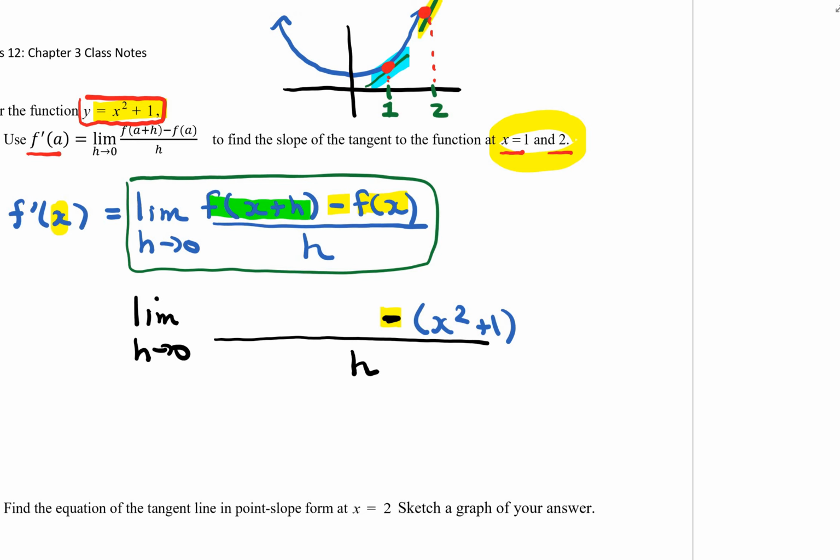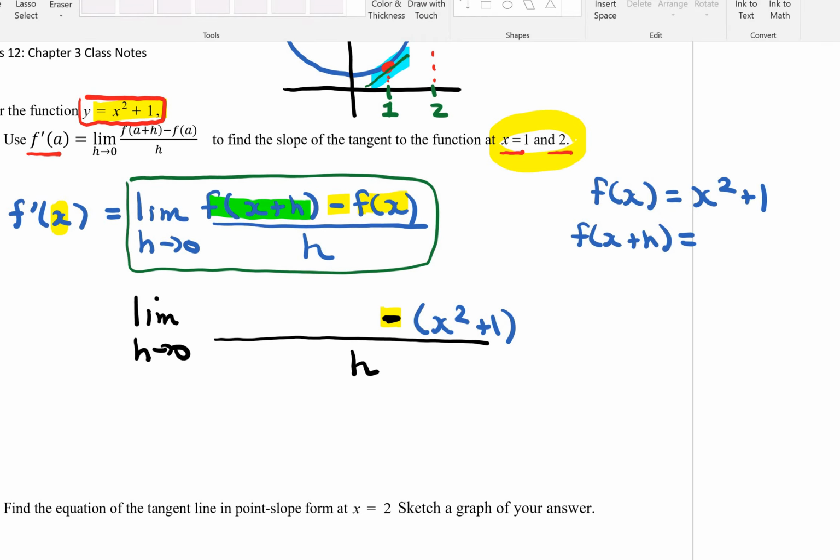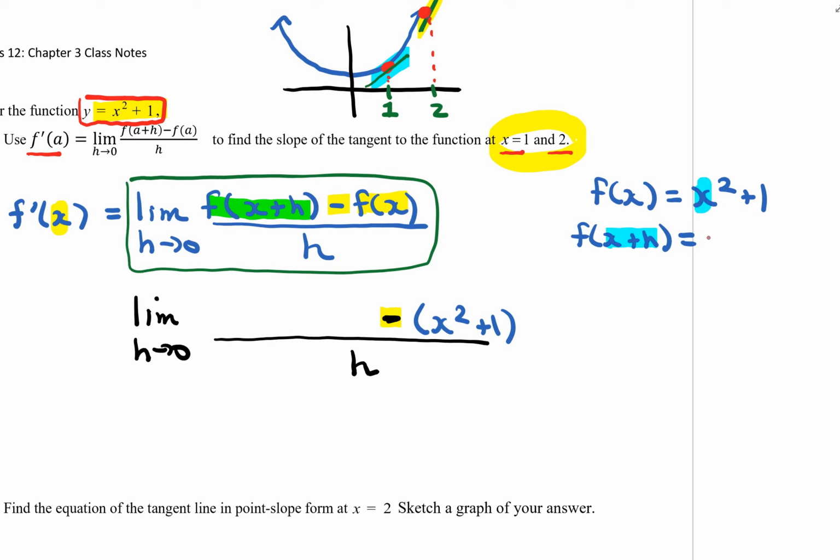Okay, and just as a little review here, now I need to find f of x plus h. So on the side here, we'll do one more side calculation. If f of x equals x squared plus 1, our goal is to find f of x plus h. And once again, all you're doing here is taking the x values and replacing them with x plus h. So this will be bracket x plus h squared and then plus 1.